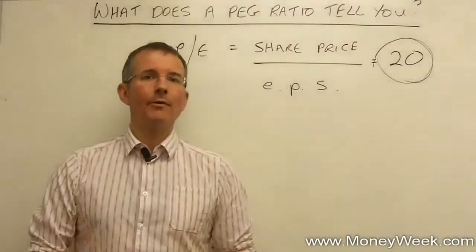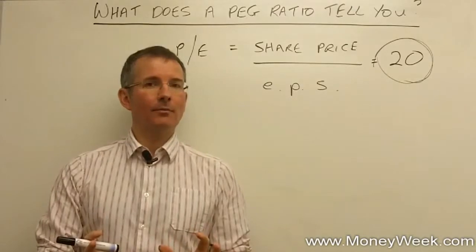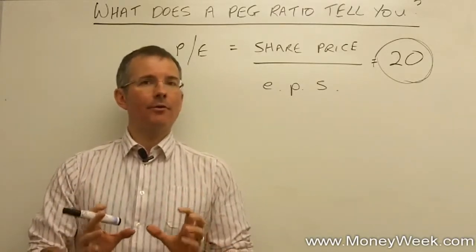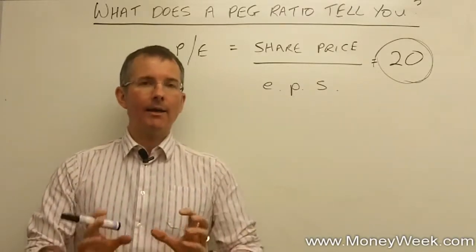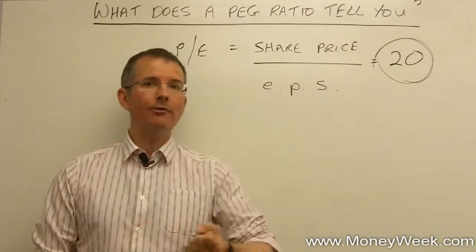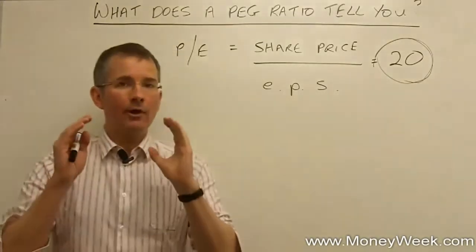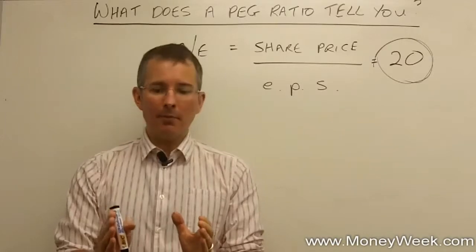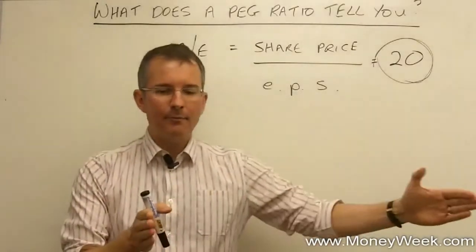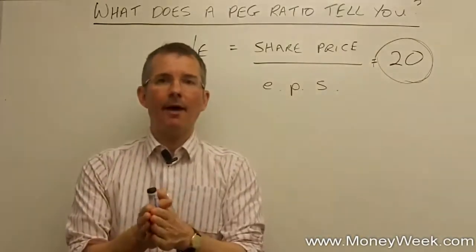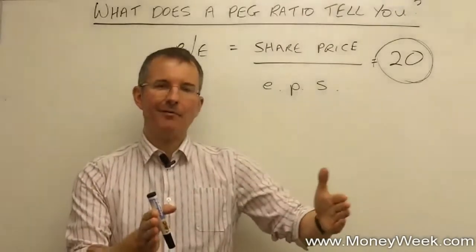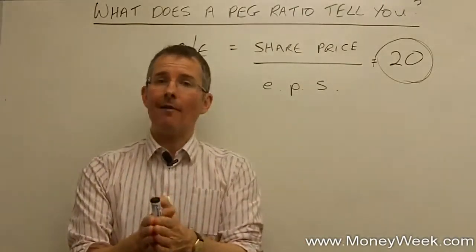Now the PEG ratio is built on one key assumption. It is built on the assumption that the reason you buy a share is because you expect to squeeze future earnings out of it. In other words, today's share price is simply future earnings lumped together and discounted back for the fact that there's a thing called time value of money.